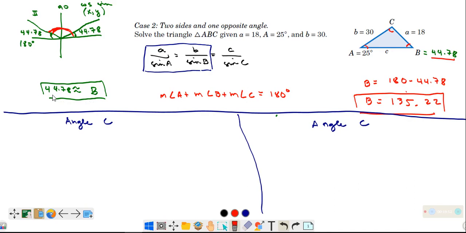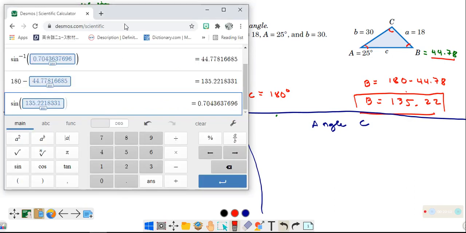So angle B here is 44.78. So we have 25 degrees plus 44.78 plus the measurement of angle C is equal to 180 degrees. So ilan yon? Compute.